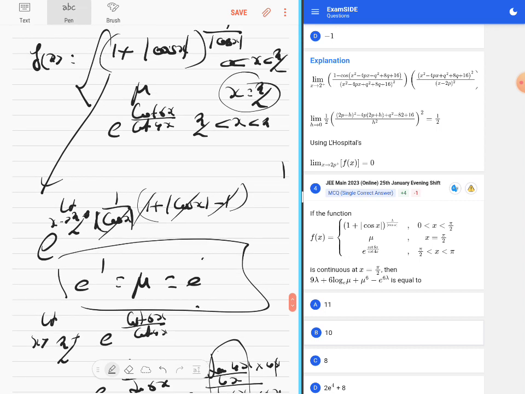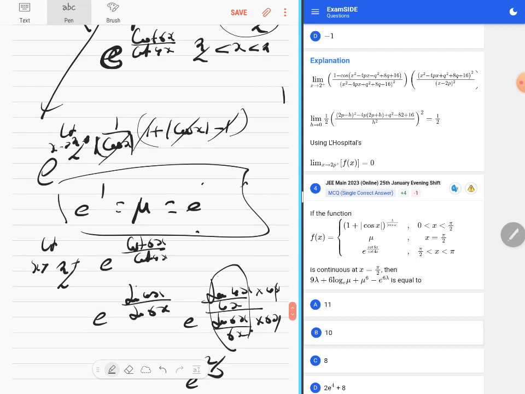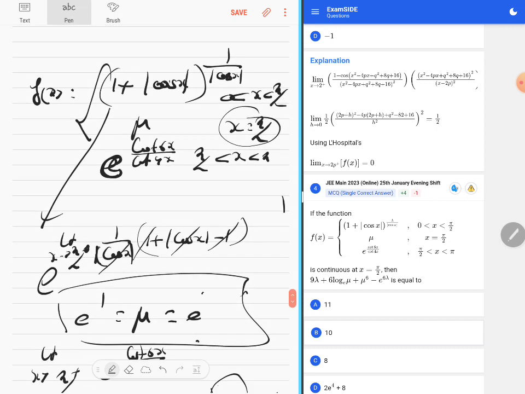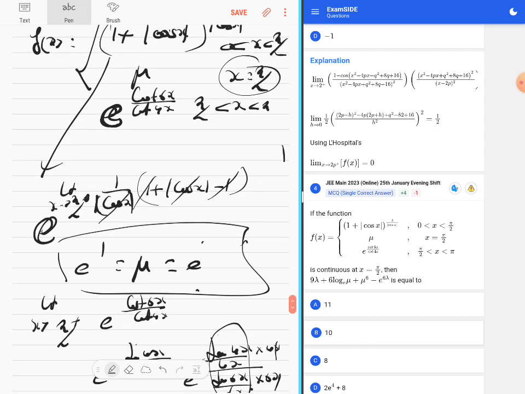One second, you have to write this function as e to the power. Okay, so it's a function to the power function, e to the power 1 by cos x and 1 plus mod cos x minus 1, x and cos cancel, so the answer is 1.